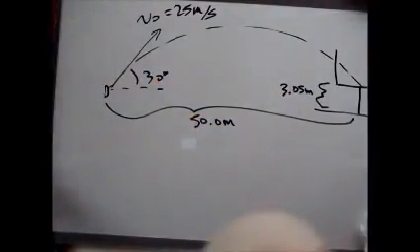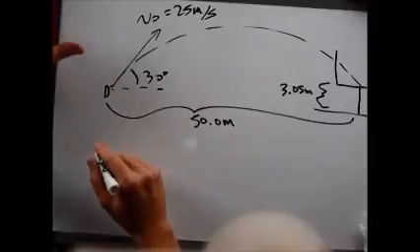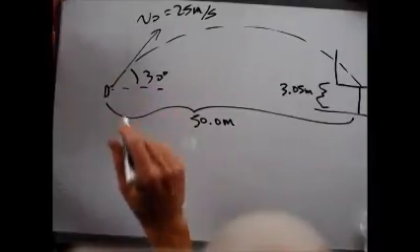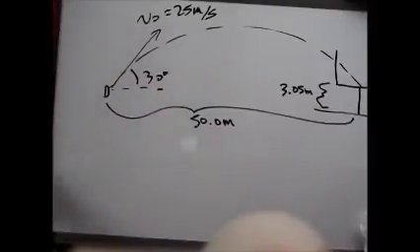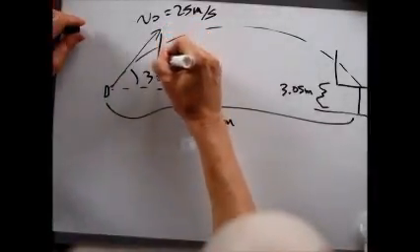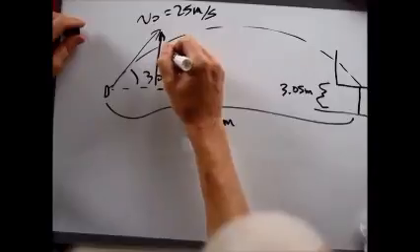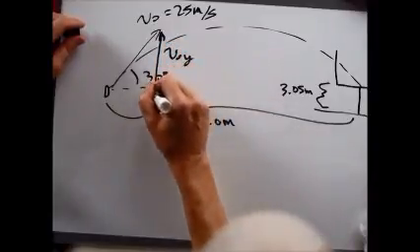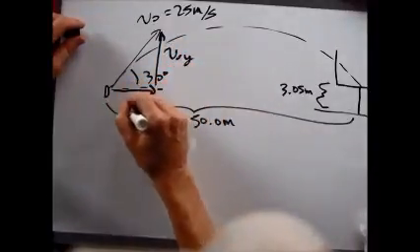The first question is, what are the x and y components of V0? We need to find those components, and they look like this. There's my y component, and here's my x component.